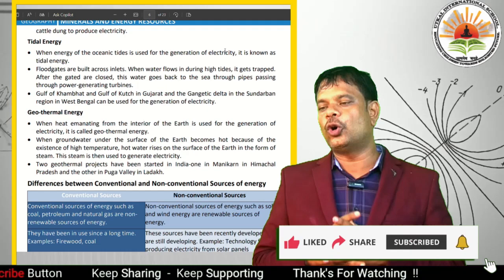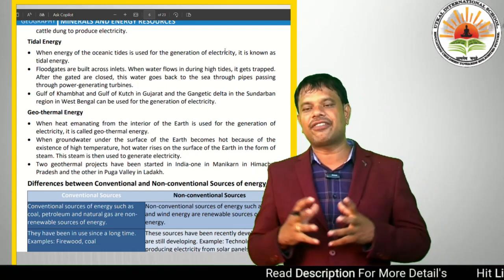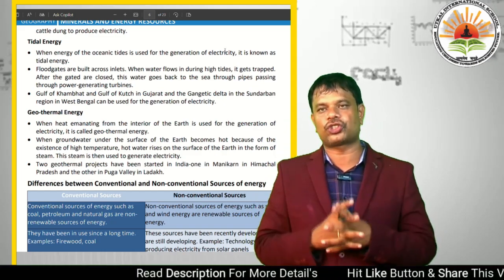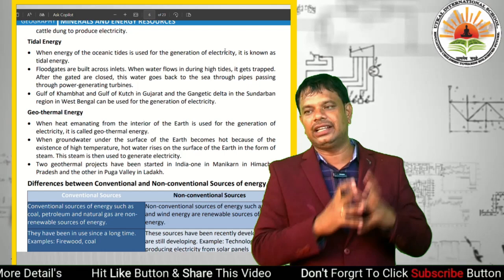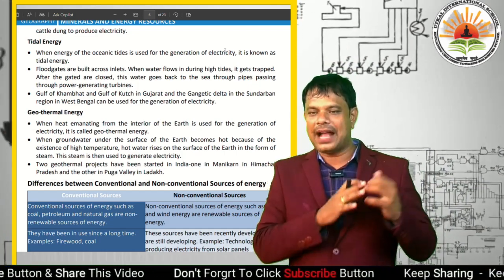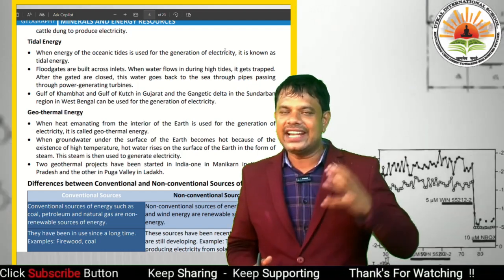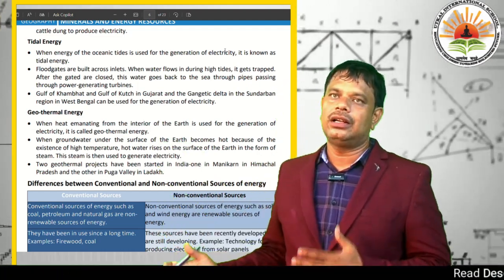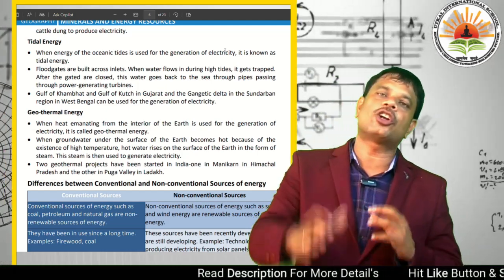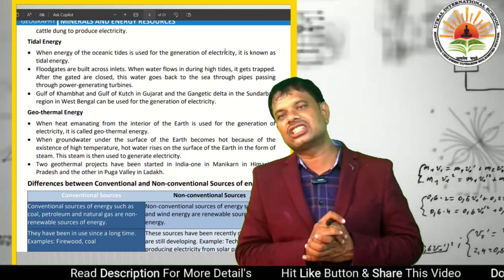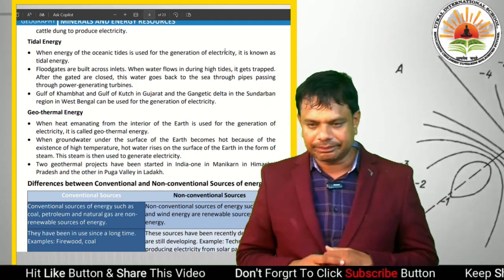When water flows in during high tides, it gets trapped after the gate is closed. This water goes back to the sea through pipes, passing through power generating turbines. When tides come, they block the water, and when the water goes back through a pipe, a turbine placed in front of the pipe generates electricity.